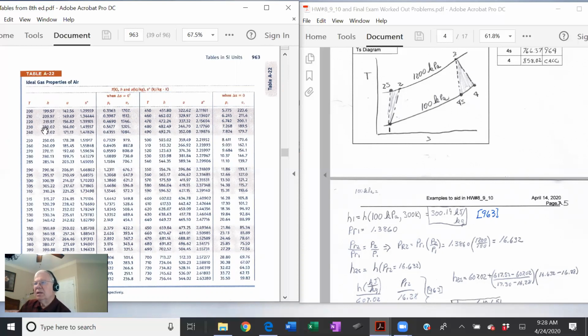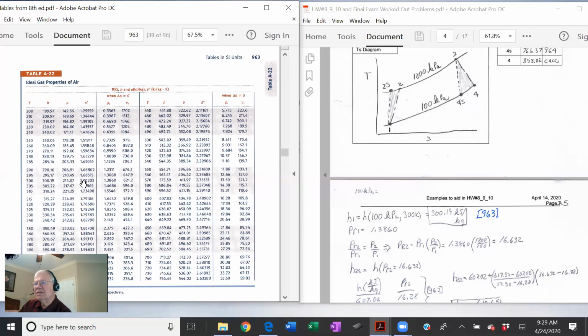Okay. So here's the data for 300 degrees. It goes all the way to here. And then we pick up another column with another temperature. So this is like left part of the table, right part. Let's look at 300 degrees K. H is 300.19 kilojoules per kilogram.